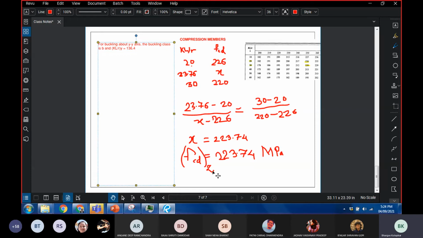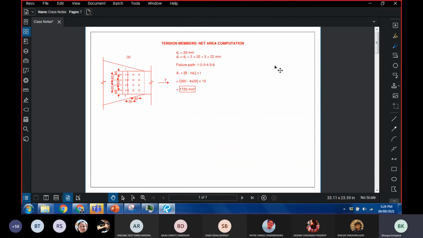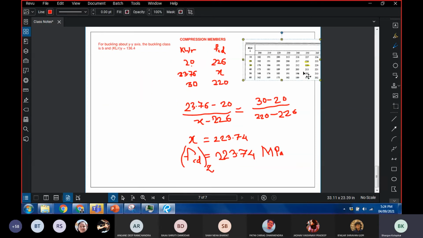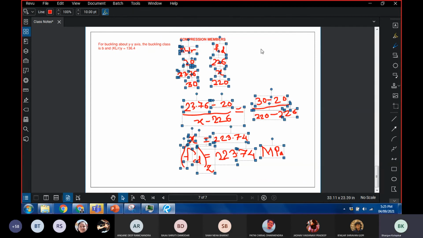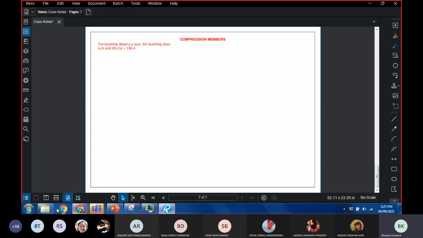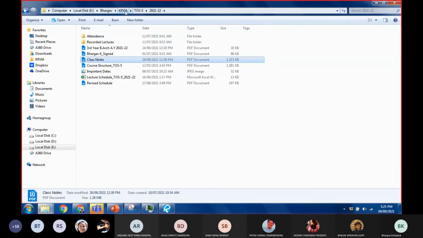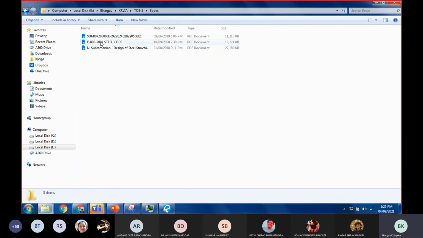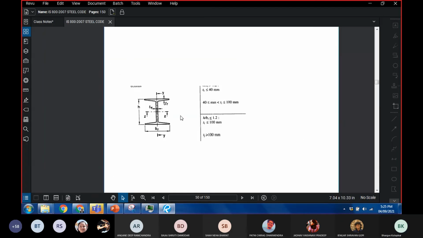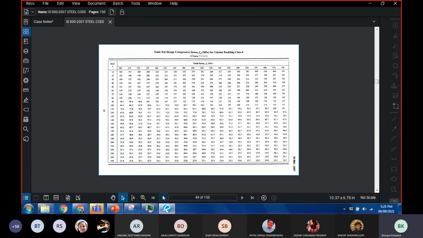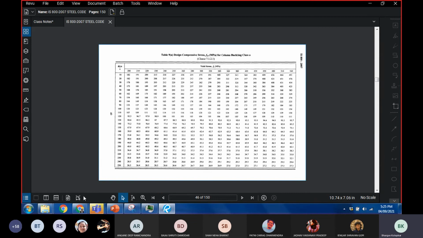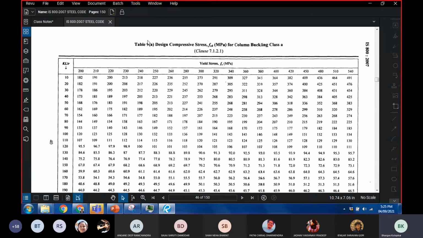The buckling class is B. Therefore, for buckling class A, we refer to table 9A.